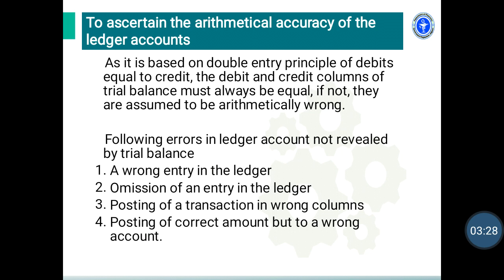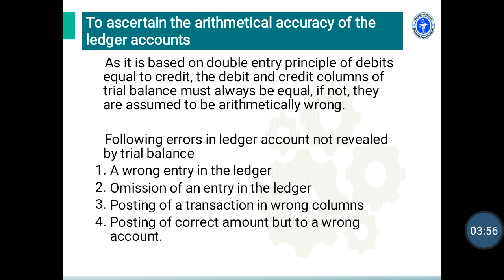These are the different errors in ledger accounts which are not revealed by the trial balance. These errors are: first, a wrong entry in a ledger; second, omission of an entry in a ledger; third, posting of a transaction in a wrong column; and posting of the correct amount but in a wrong account.